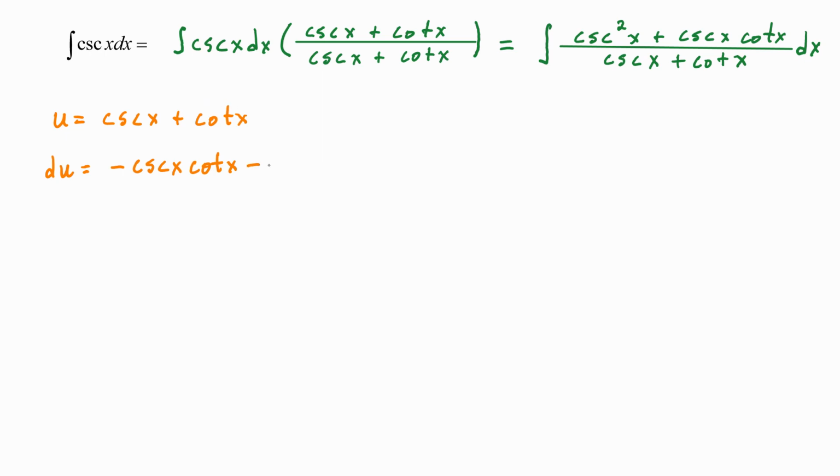So we will subtract cosecant squared of x, put that whole thing inside a set of parentheses, times dx. Now we notice that we can factor out a negative sign, so let's pull that out front. And then we have cosecant x cotangent x plus cosecant squared of x, close the set of parentheses, times dx.